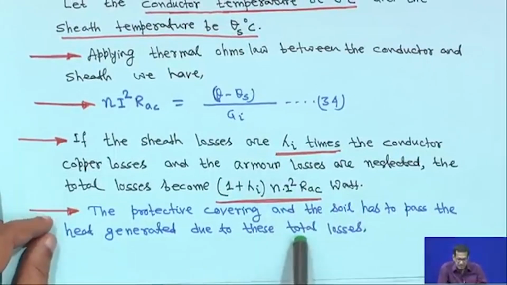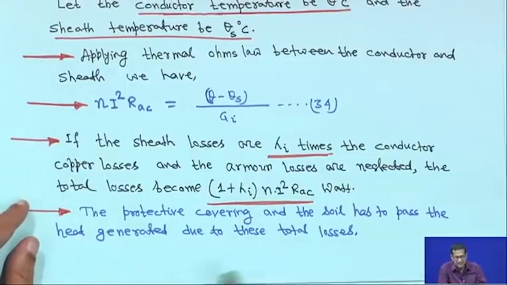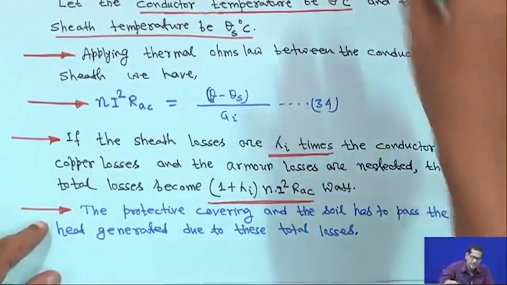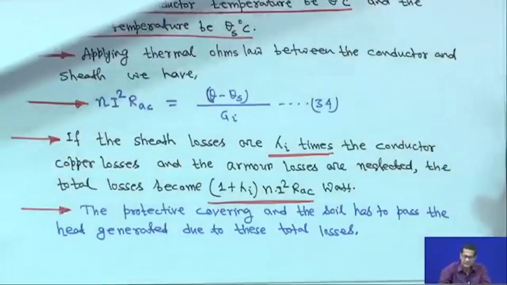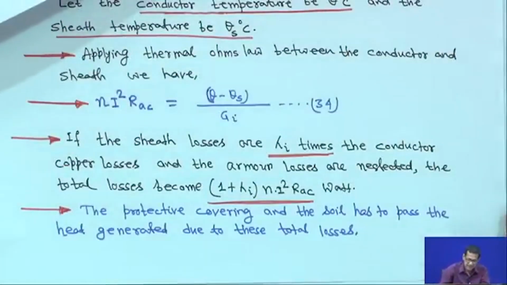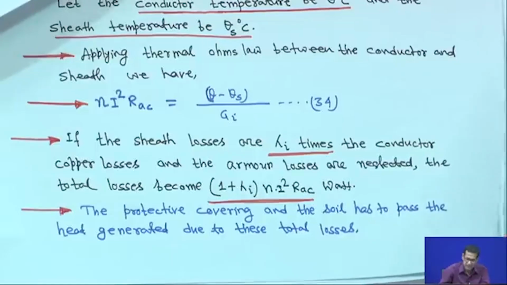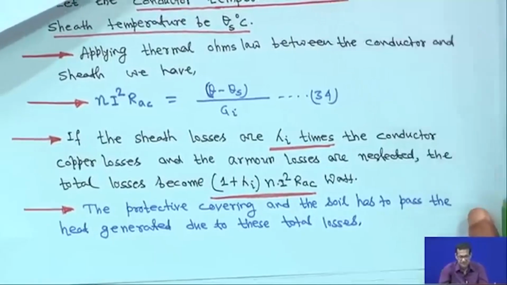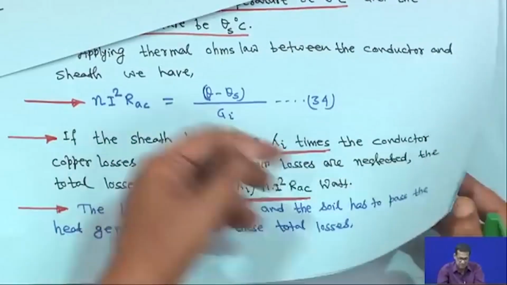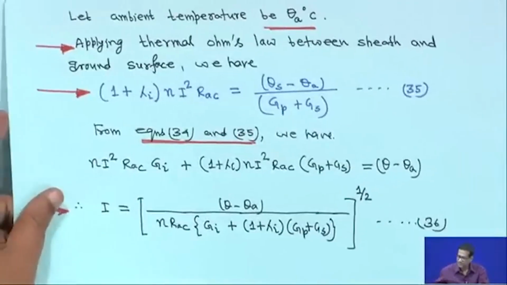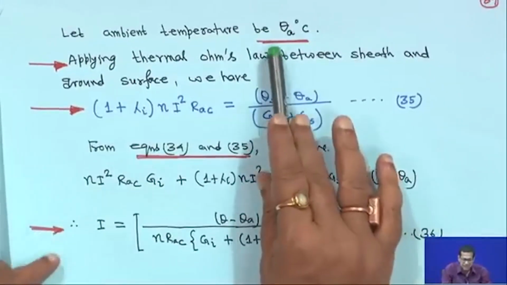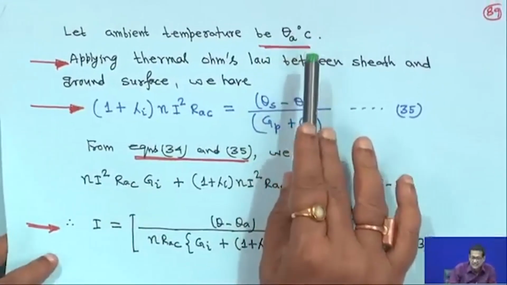Therefore, the protective covering and the soil have to pass the heat generated due to these total losses. Loss means heat will be generated; anywhere there is power loss in an electrical circuit, heat will be generated. Now, let the ambient temperature be theta a degree Celsius, A standing for ambient.